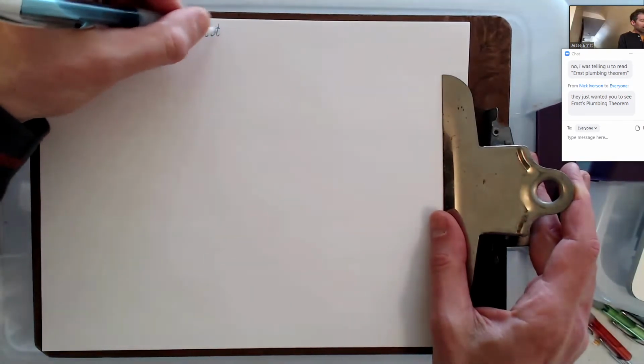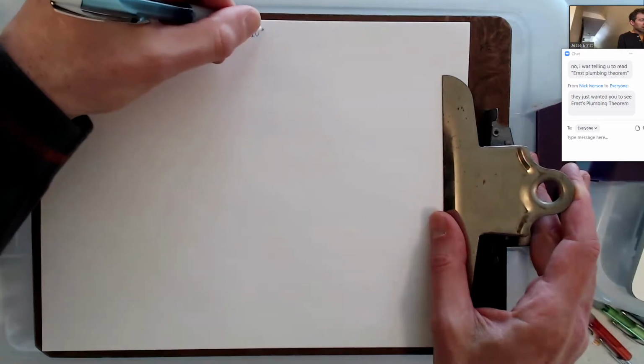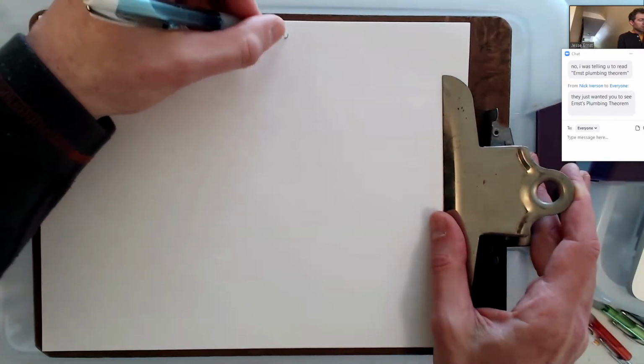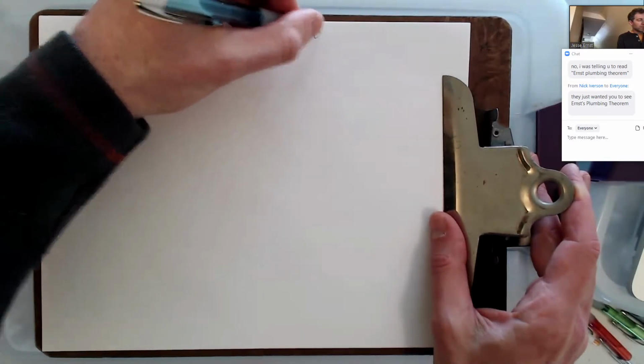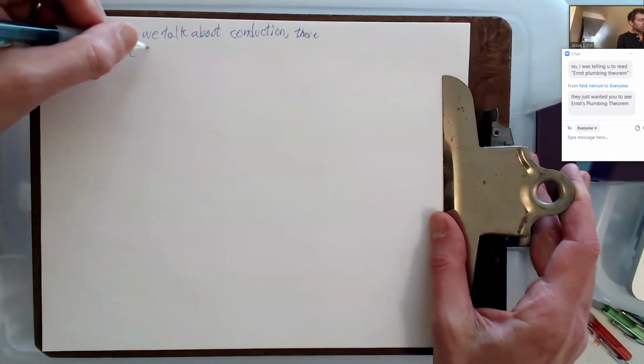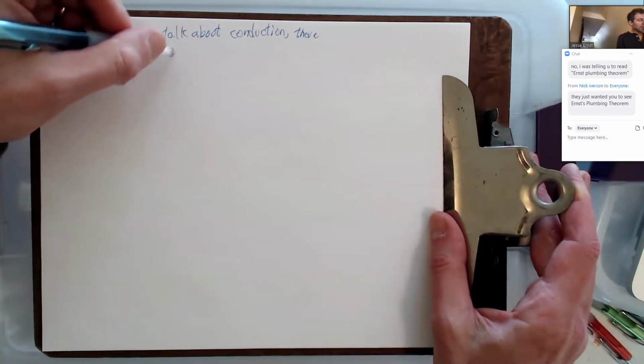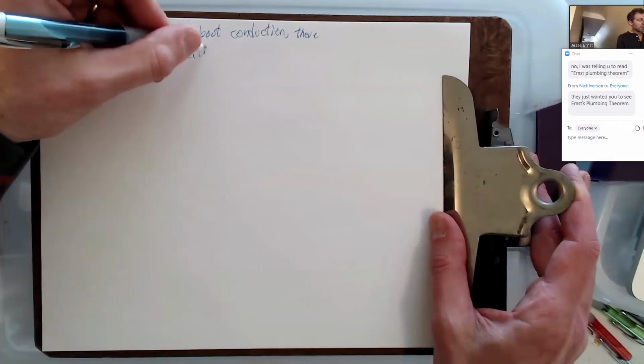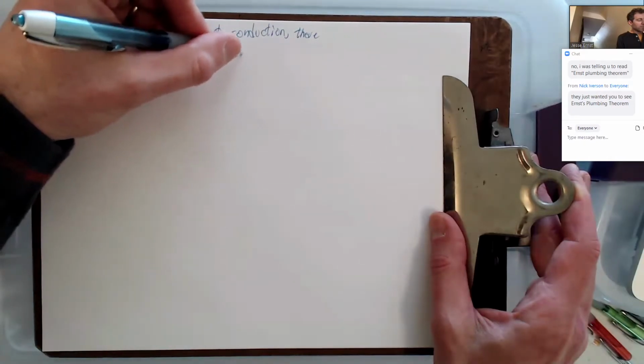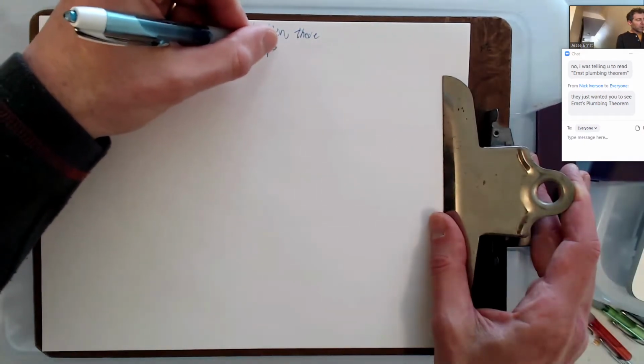So when we talk about conduction, there are 3 velocities that appear or are relevant.